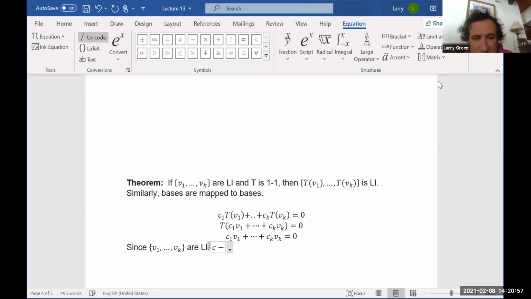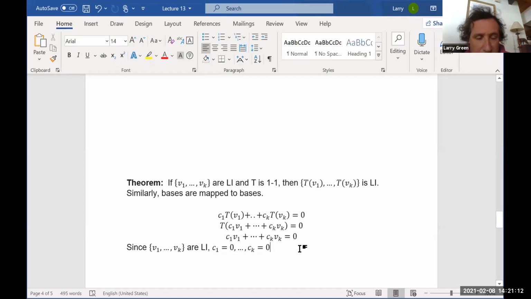So c1 equals 0, ..., ck equals 0. Any questions on that? That was my goal. So now what's the final conclusion?